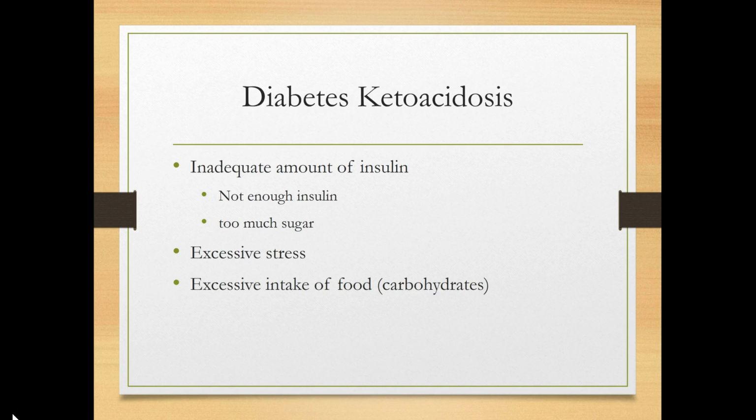It can also be caused by excessive stress or illness. A lot of times, if there was a GI bug going around, we would see diabetics come in DKA because they became so dehydrated and couldn't hold any food down.